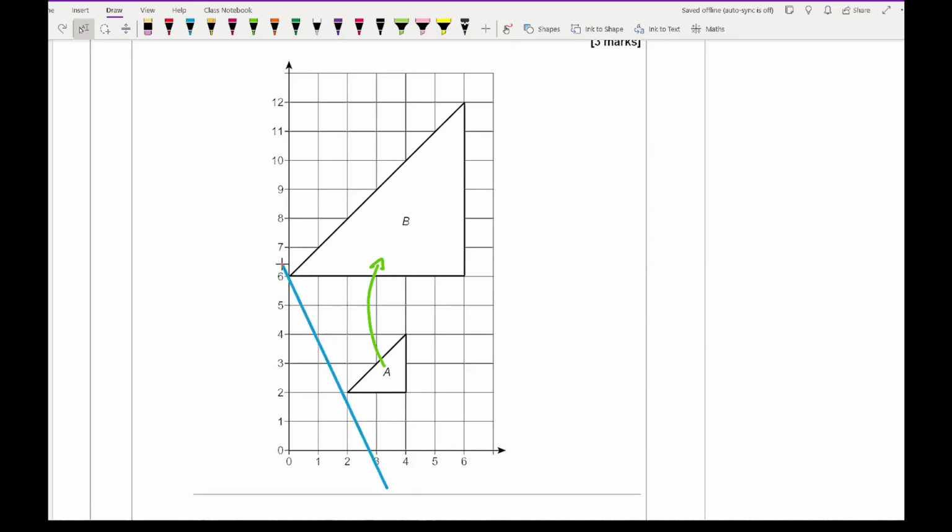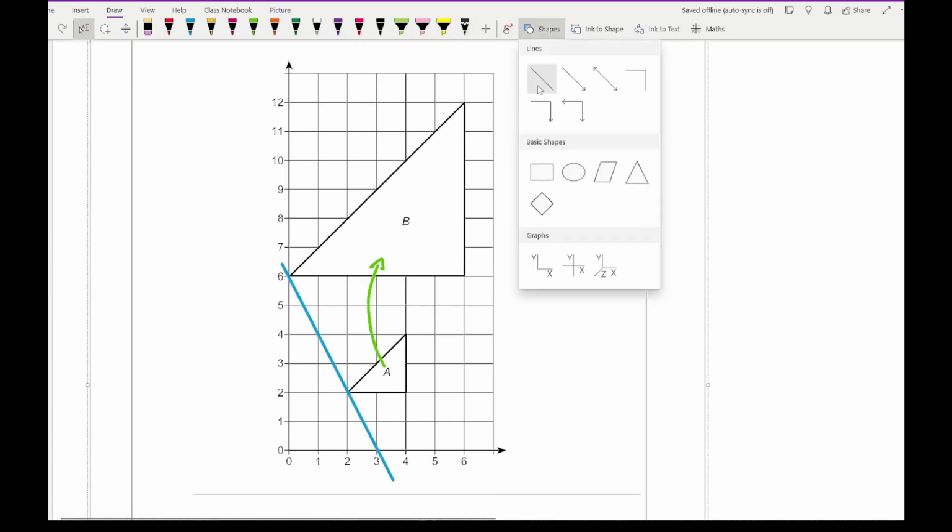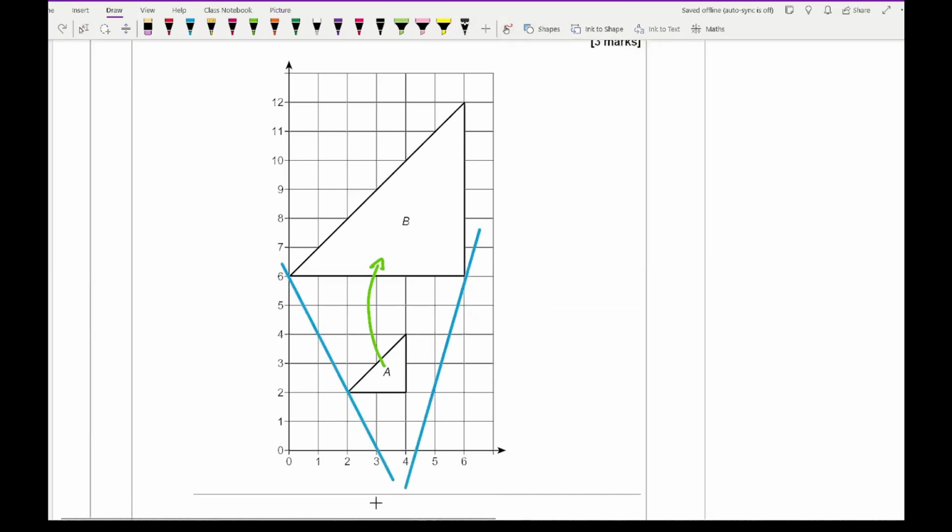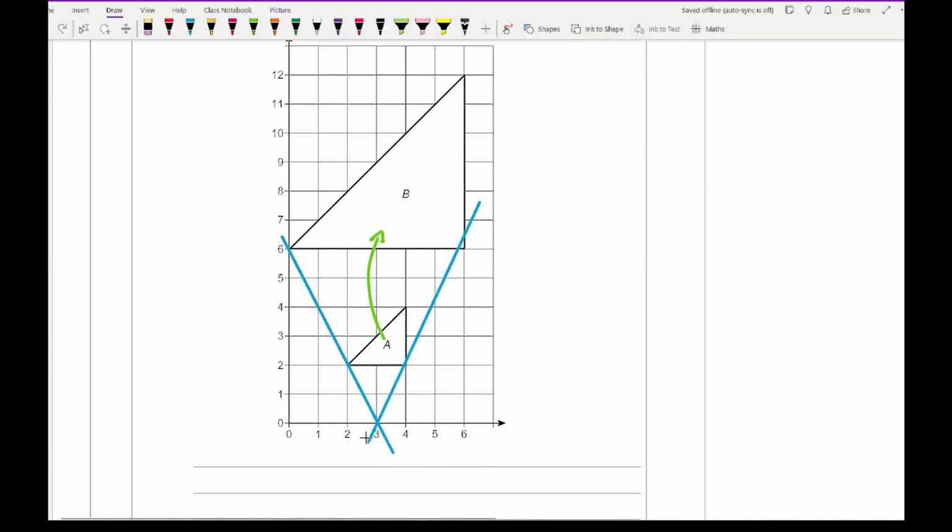Now, do you need to draw your projection lines? I would say it would definitely be advisable. But if you can see it straight away, then there is a good chance you would get full marks. But let me just see how many marks it is worth while I just finish this projection line there.